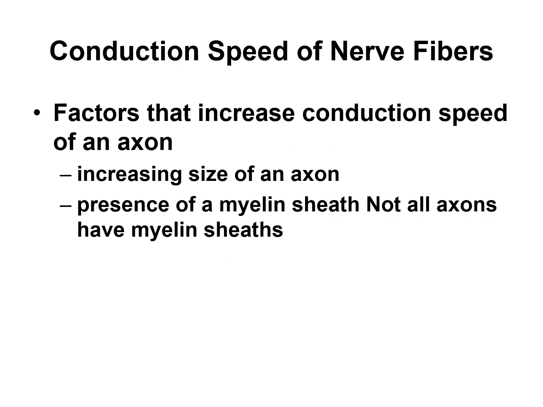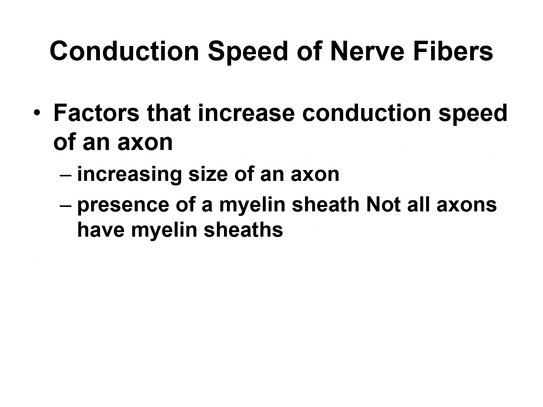Nerve impulses are initiated in that axon hillock, and then they move through the axon. Some of the factors that affect conduction speed include the size of the axon. The larger the axon, the faster the nerve impulses are conducted.